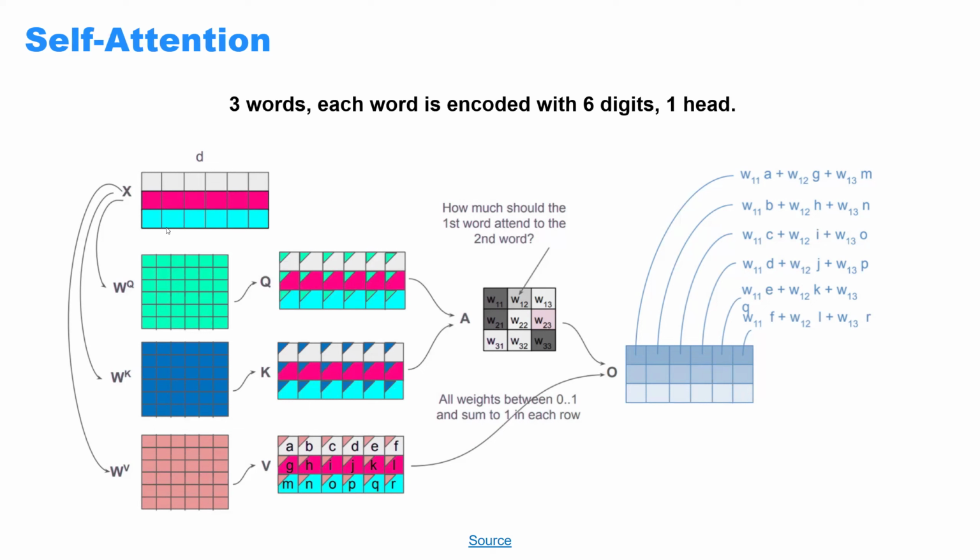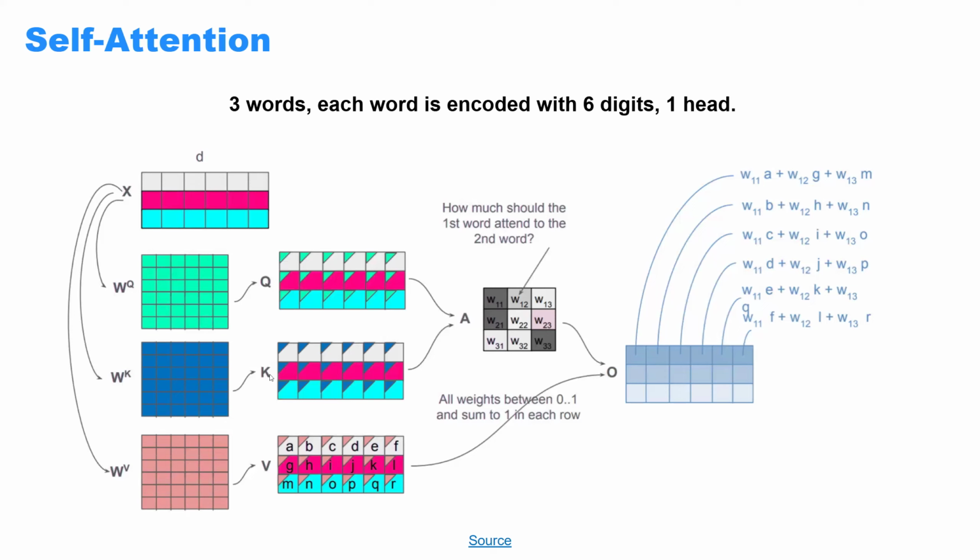We preprocess our X into 3 different forms: query, key, and value. We just multiply our data by weight matrices, so we have a new preprocessed form of our data.